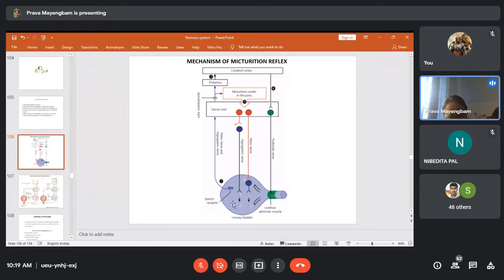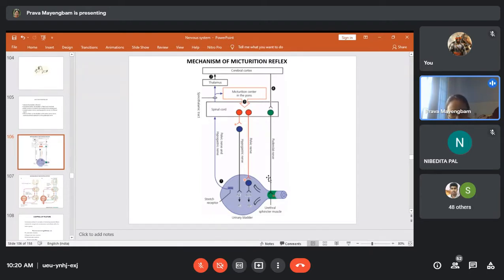And another nerve, the pudendal nerve, which is a somatic nerve, innervates the urethral sphincter muscle, that is the opening of the urinary bladder to the urethra.